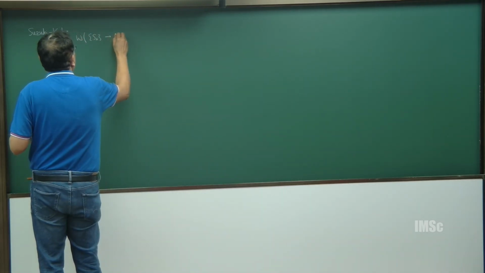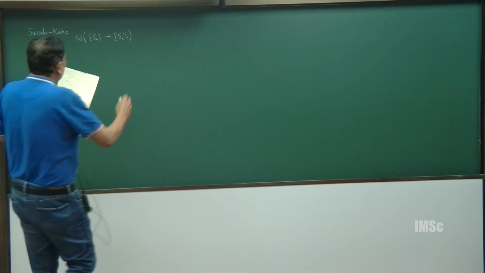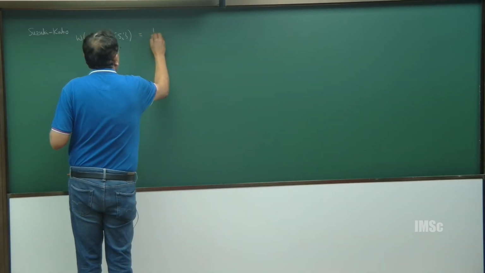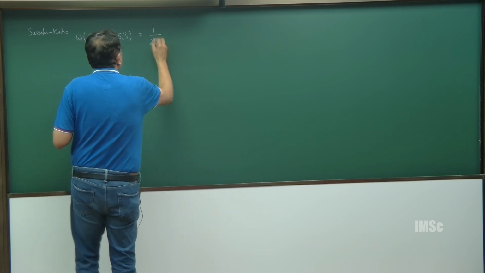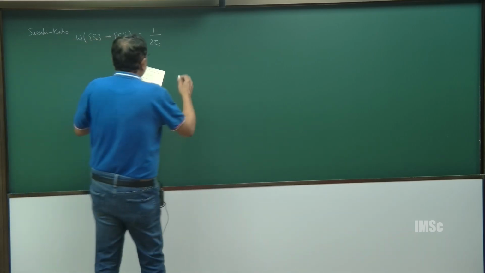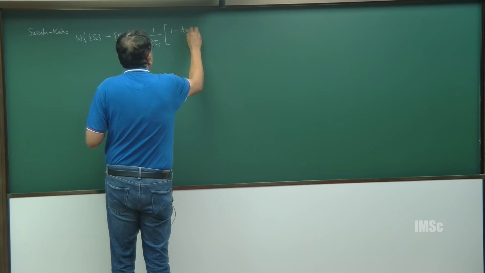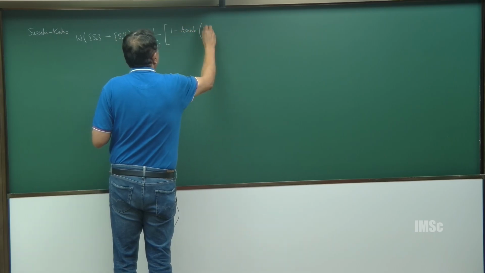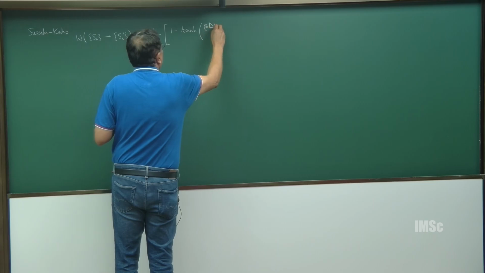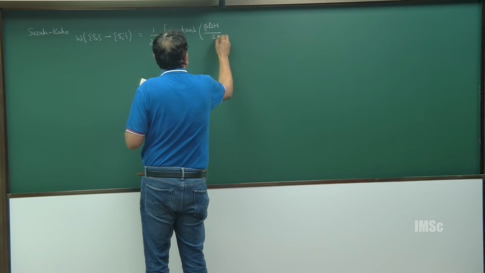So the transition probability from a state {Si} to a state {Si prime} in the Suzuki-Kubo form is 1 over 2 tau s, where tau s is just some time scale on which the process takes place, multiplied by 1 minus tanh of beta times the energy change associated with that, divided by 2.